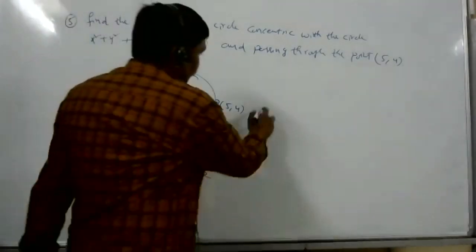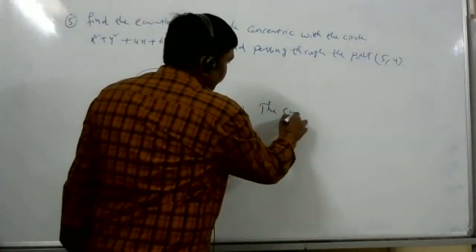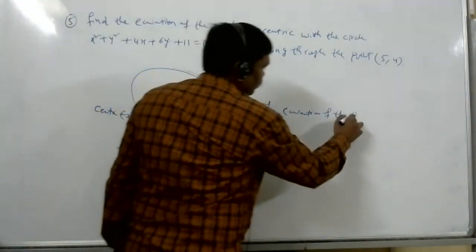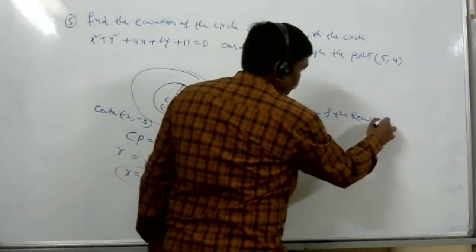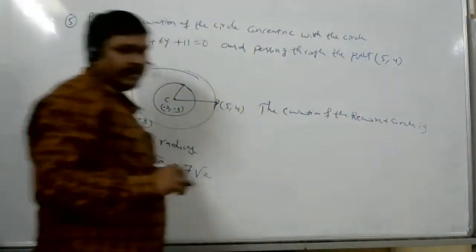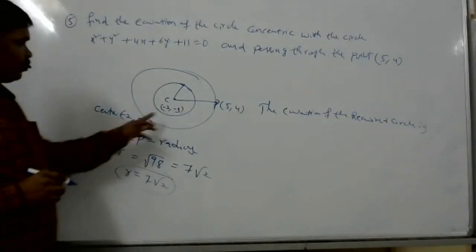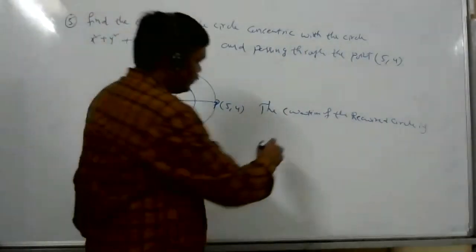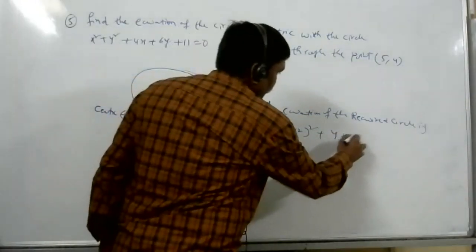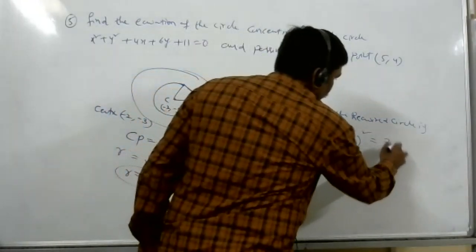Then the equation of the required circle is x plus 2 whole square plus y plus 3 whole square is equal to 7 root 2 whole square.